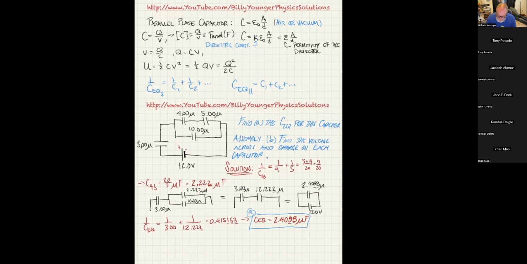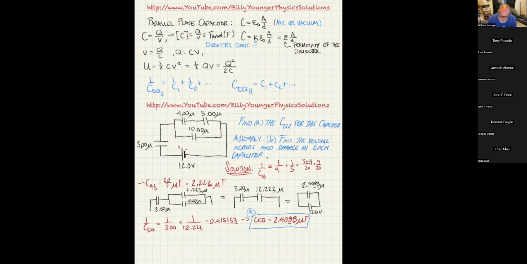So for instance, as far as the battery is concerned, it doesn't know that there's really a 3 microfarad capacitor in series with a parallel bank that has a 4 and a 5 in parallel with a 10. It doesn't know any of that. In fact, all it can sense is that there's a 2.4088 microfarad capacitor on the other side.